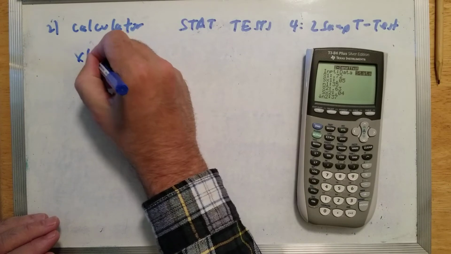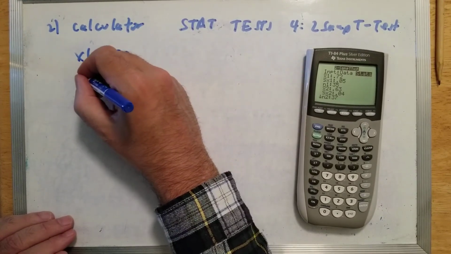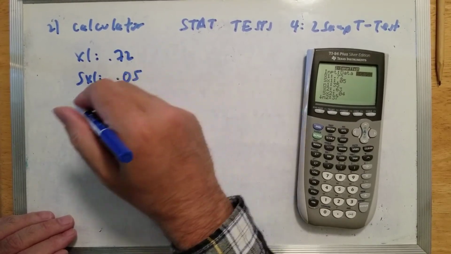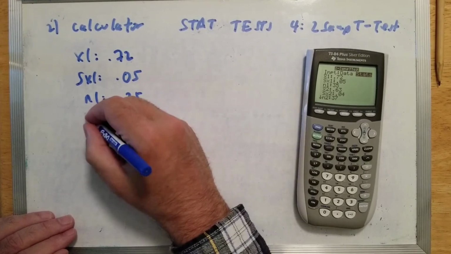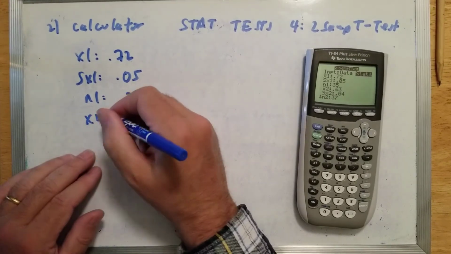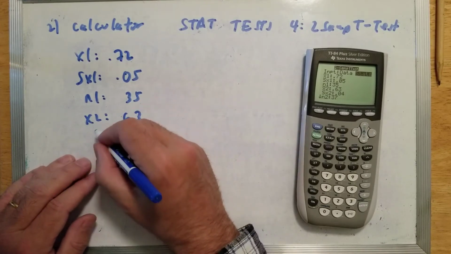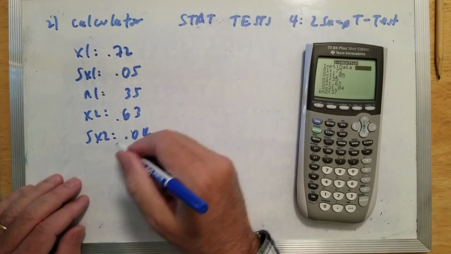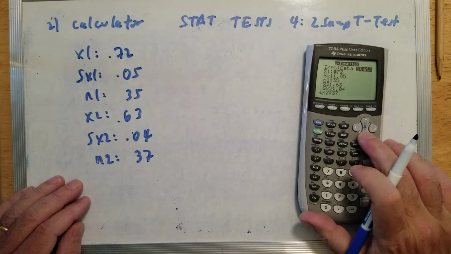So x1 was 0.72, sx1 was 0.05, n1 was 35, x2 was 0.63, sx2 was 0.04, n2 was 37.